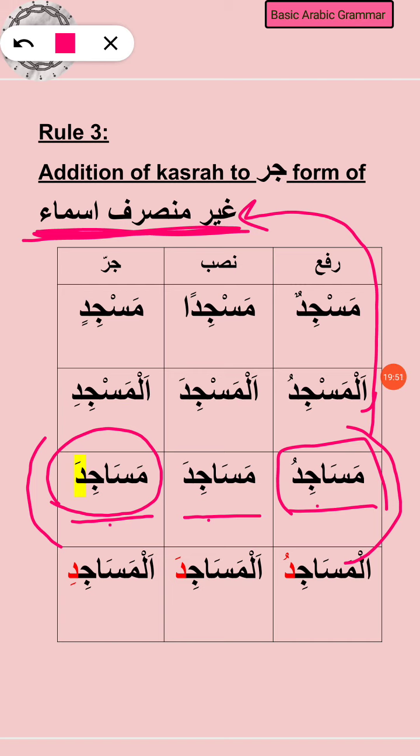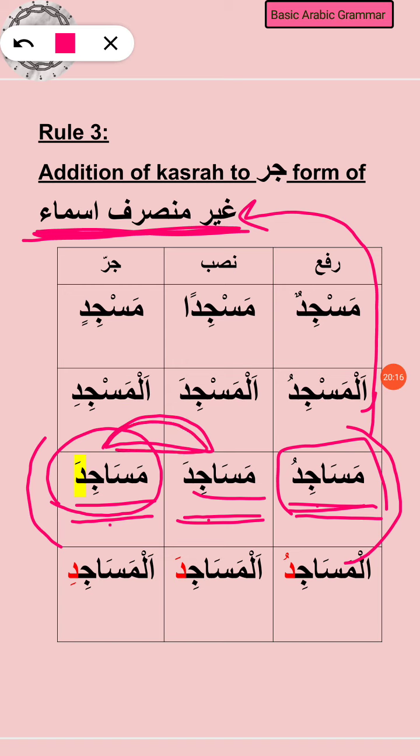So masajidu, rafa form of mosques, then nasab form masajida. This is as expected. However, this masajida was expected to be masajidi, but it's not the case. It is masajida. So the nasab and jar forms in this group are identical.